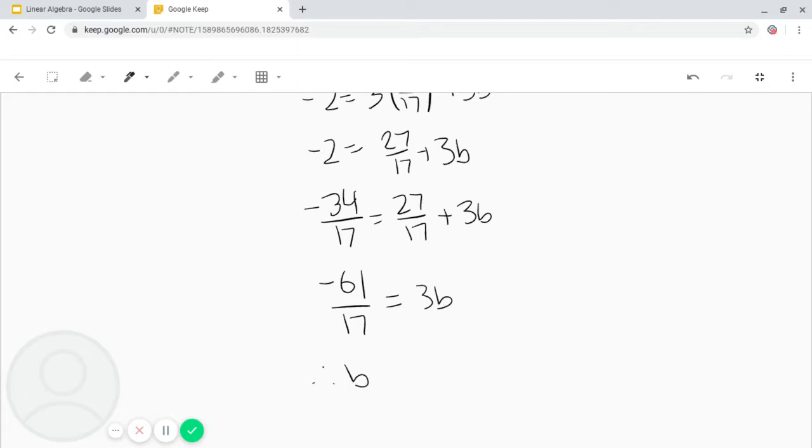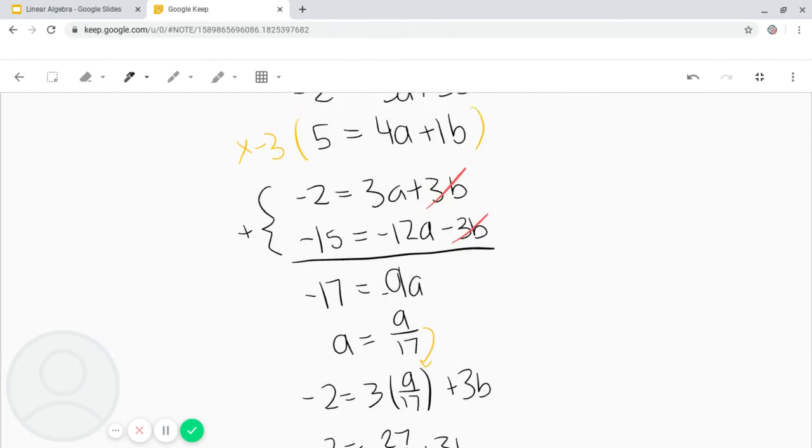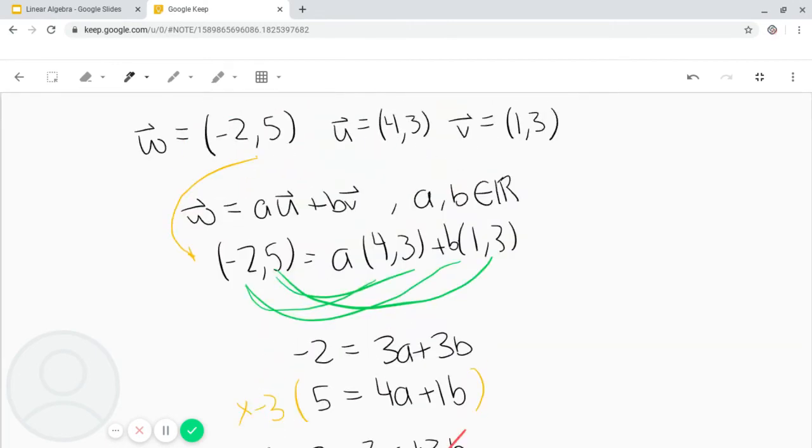Therefore, b equals negative 61 over 3 times 17, which I don't have offhand, so I'll use a calculator. And that is how you solve it. So then you can put a and b back into this equation up here.